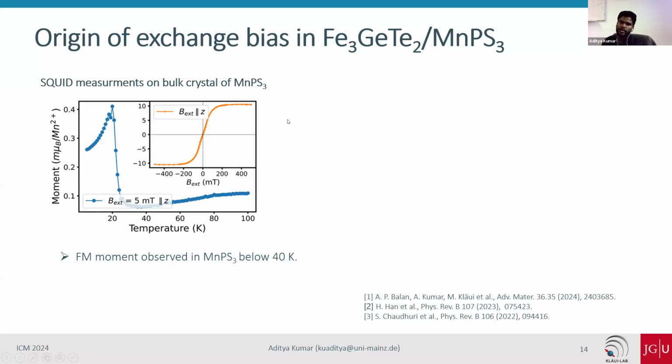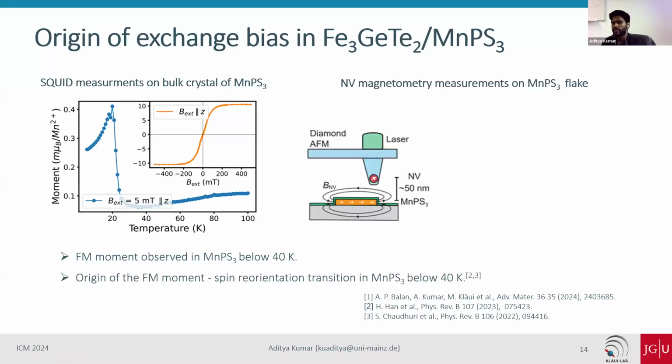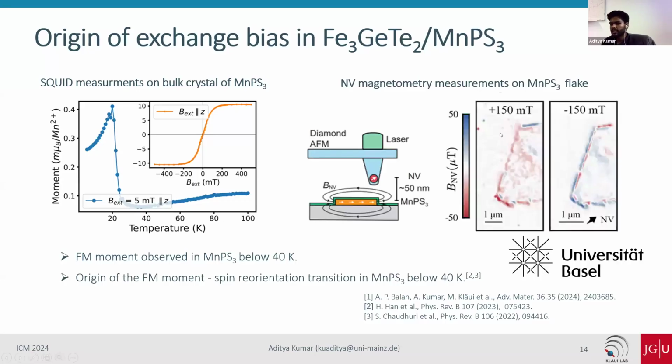But now, to check if this spin reorientation transition also persists in the nanoscale flake that we use for our heterostructure, we collaborated with the University of Basel and did NV magnetometry measurements. Here we could plot the stray field from this weak anomalous ferromagnetic moment, and we could see that if we change the sign of the field, the stray field changes sign, which basically means magnetization is switching.